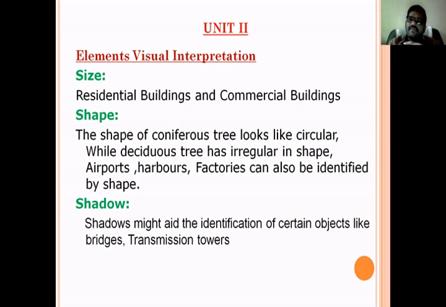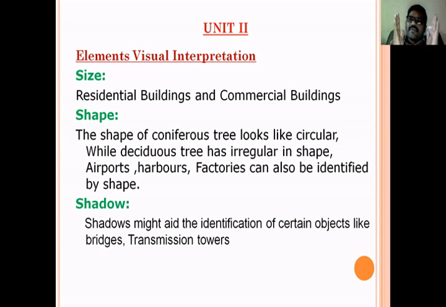Now, whatever the sensor recorded is sent to the processing station. In the processing station, what happens? How can we get that image, and how can we analyze it?